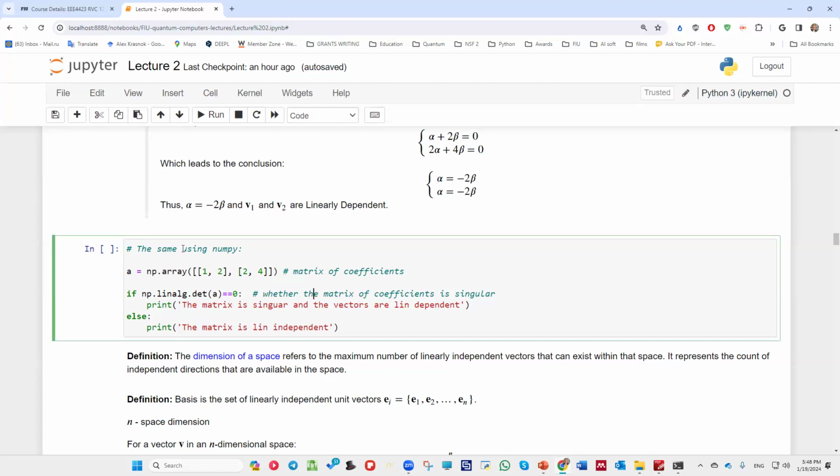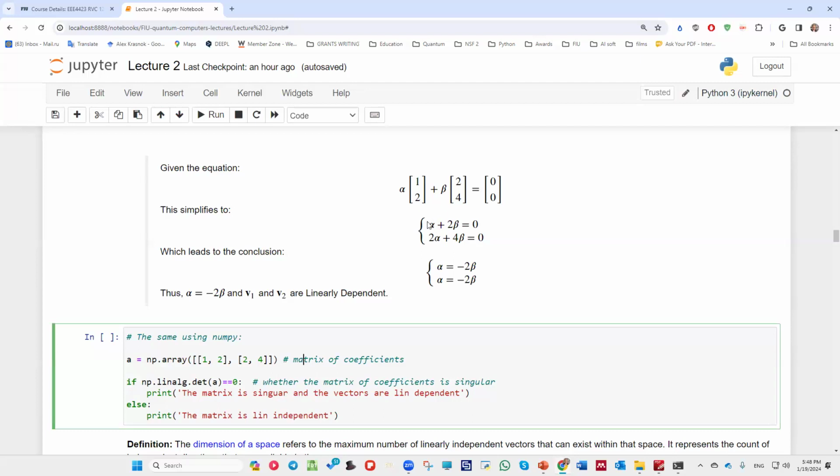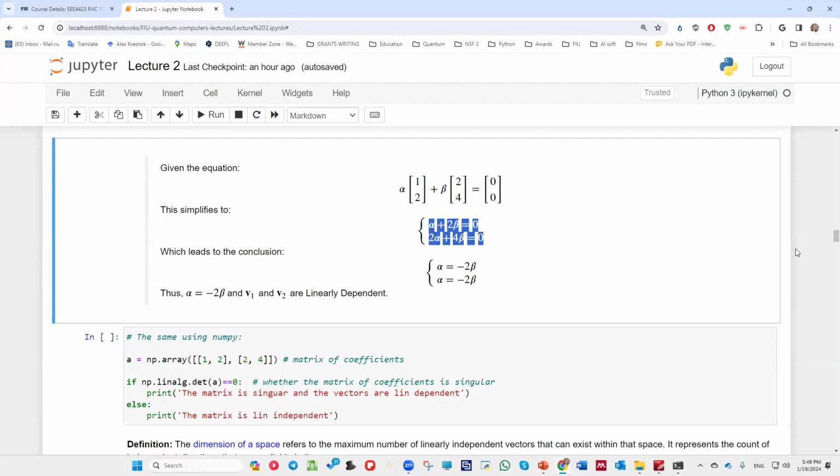Yeah, so by the way, how can we check the linear independence using, for example, NumPy. Okay, so I return to this system of equations here, and I notice that I have this matrix, right? Characteristic matrix 1, 2, 2, 4 multiplied by a vector alpha and beta.